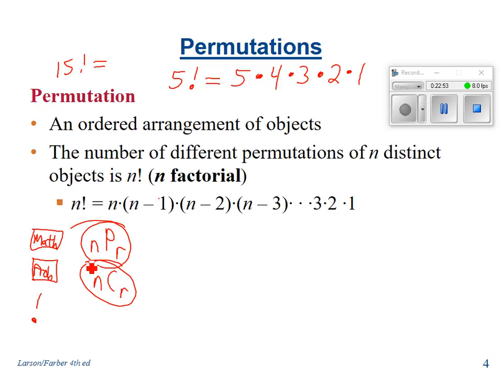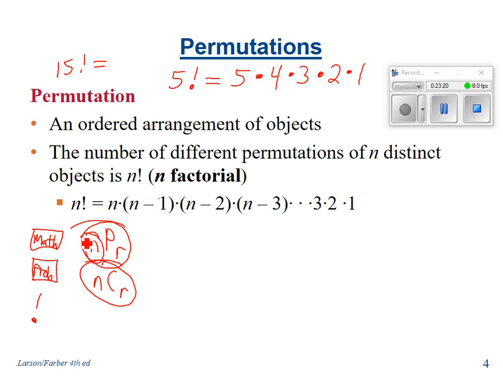If we don't want to take all 9 of them, let's say we only have room on our shelf for 7 of the books, and we want to know how we can put those 7 on there, and we're going to throw the other 2 out. That's where this comes in. We're still doing permutations because we're seeing how many different ways we can put those books on the shelves.